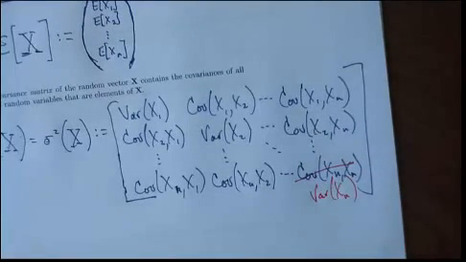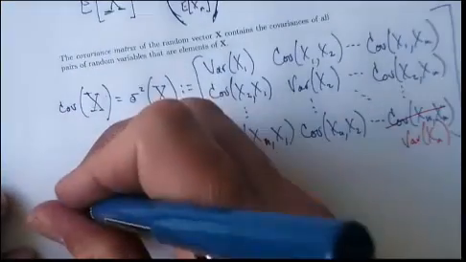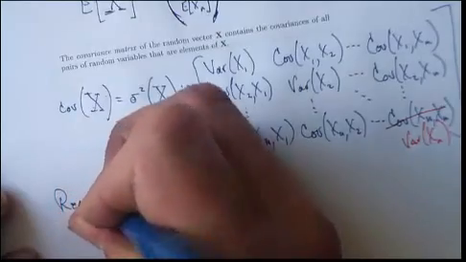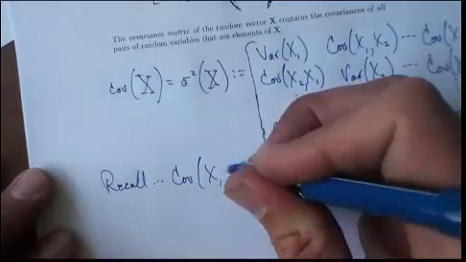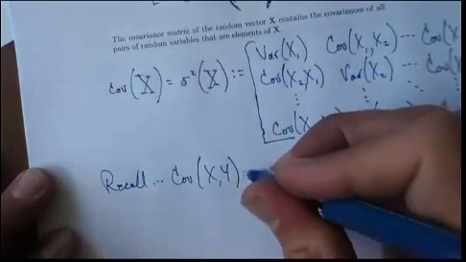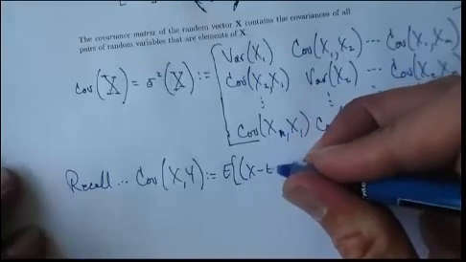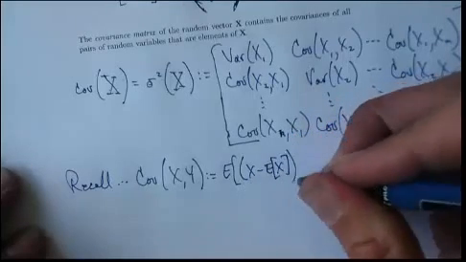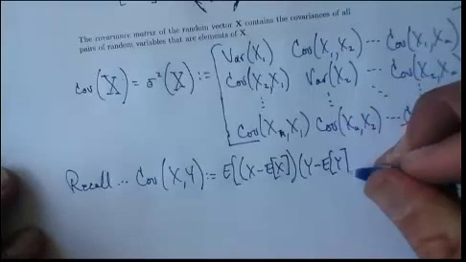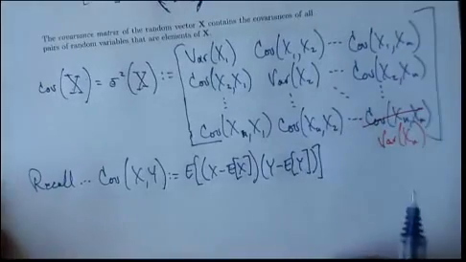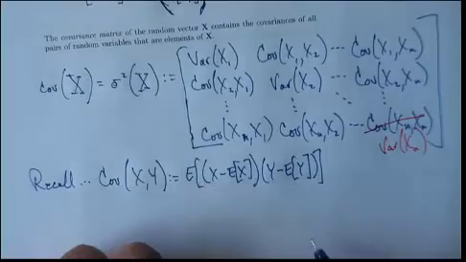Let's review a little bit here to make some of this make sense. Recall that the covariance of 2 random variables, say x and y, is defined to be the expected value of x minus its mean times y minus its mean. This measures the average degree of linear association between these 2 random variables x and y.